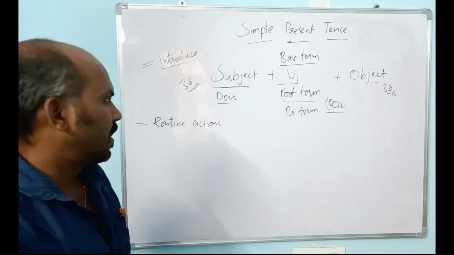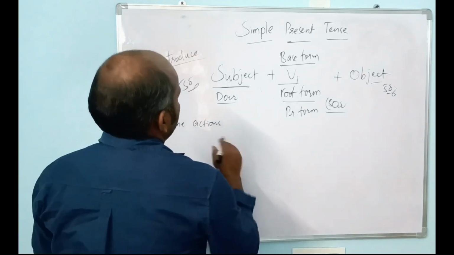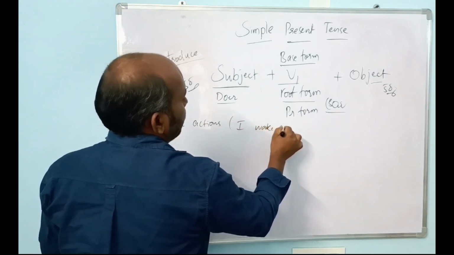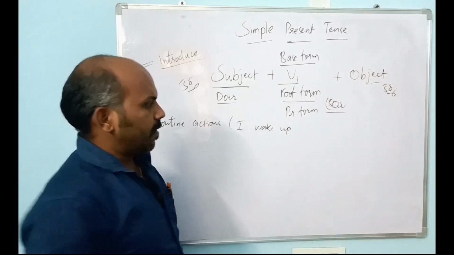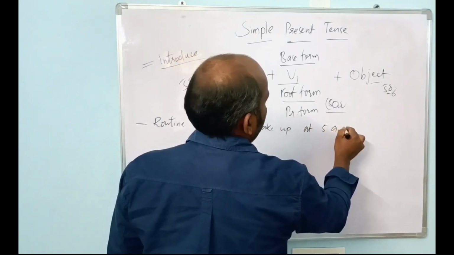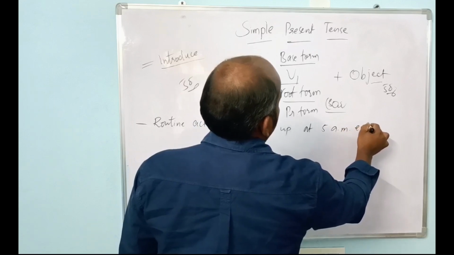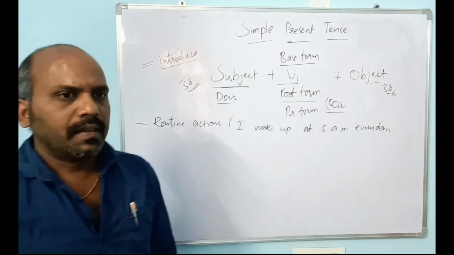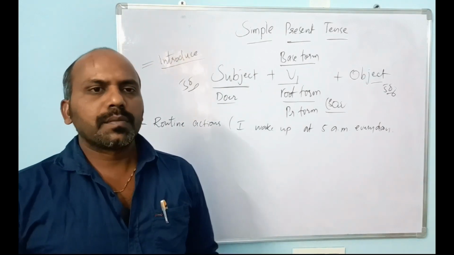They are from the morning onwards, that I wake up. I wake up at 5 a.m. every day. It is an example of simple present tense.